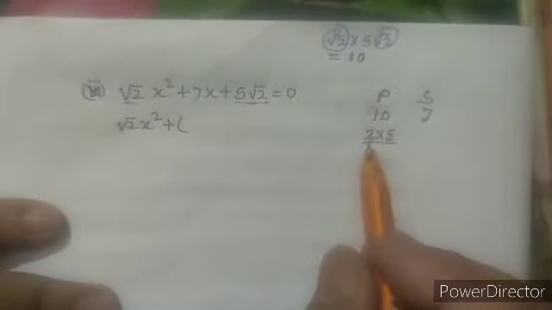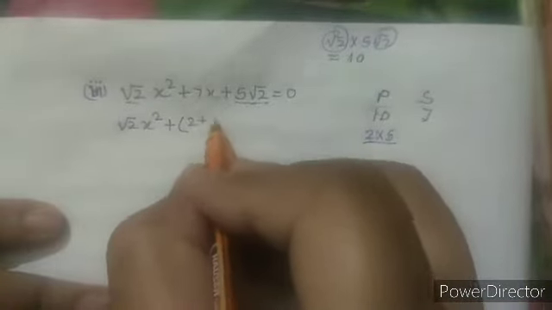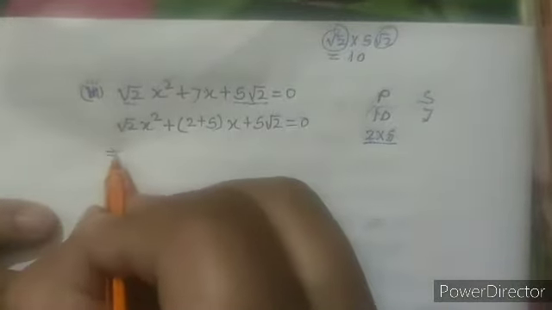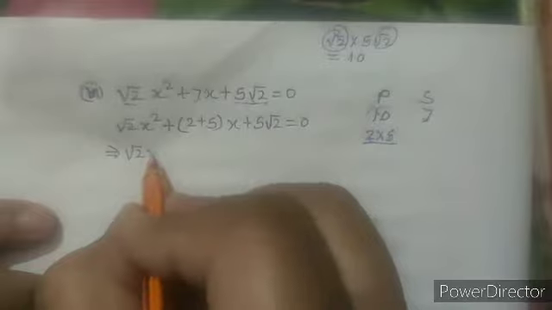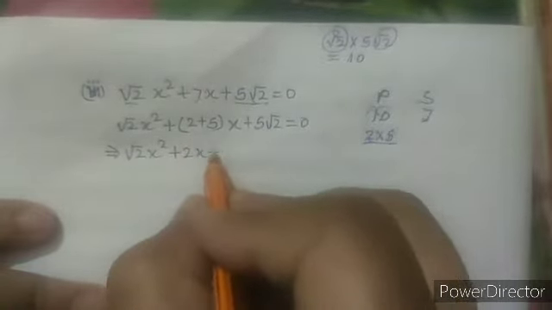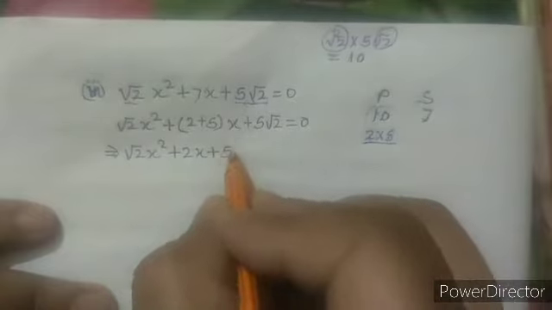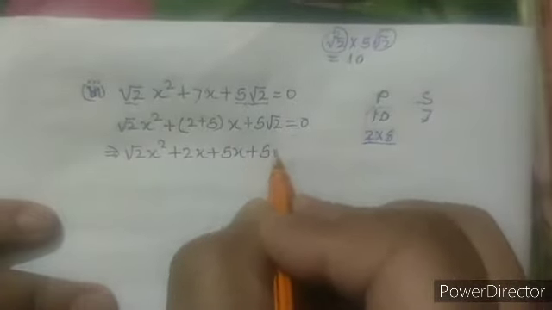Now in place of 7 we will write these factors, and these are 2 plus 5, that would give us 7, plus 5 root 2. Now third term will remain the same. Now this will give us root 2x square plus 2 into x will be 2x, plus 5 into x will be 5x, plus 5 root 2, that equal to 0.